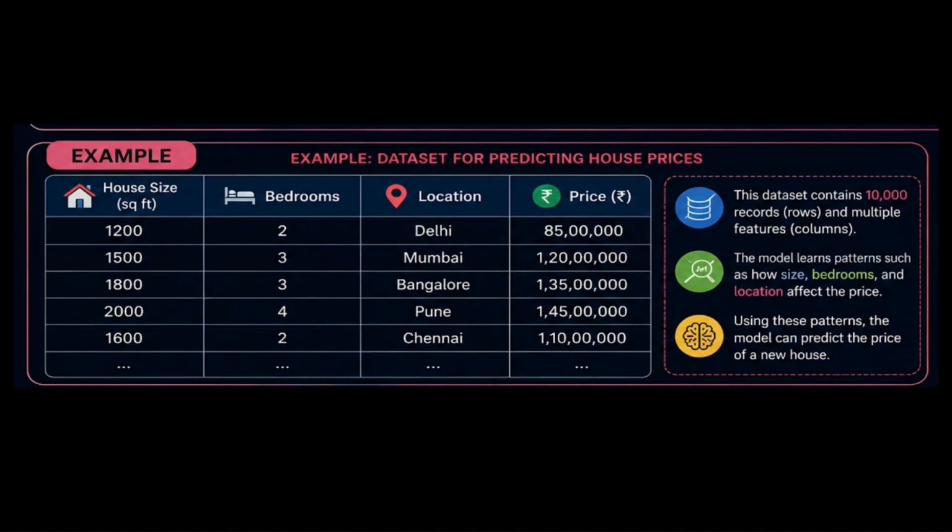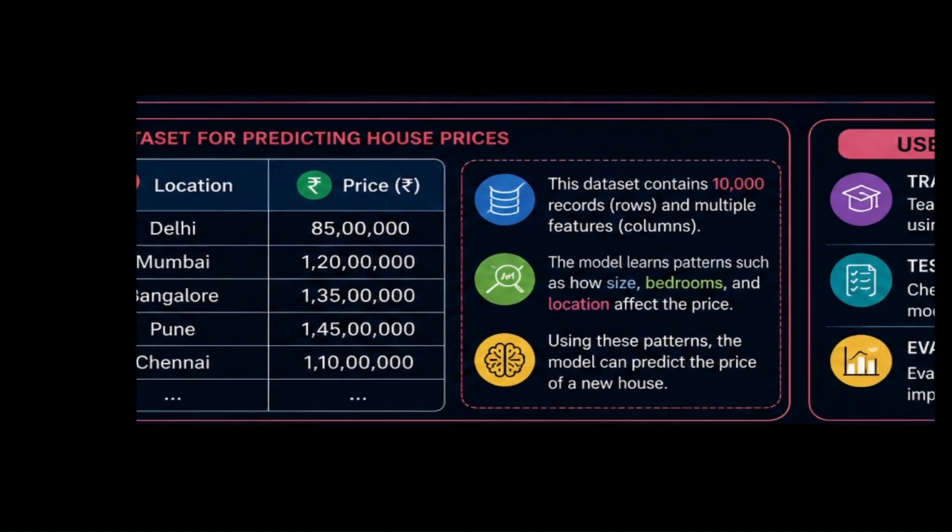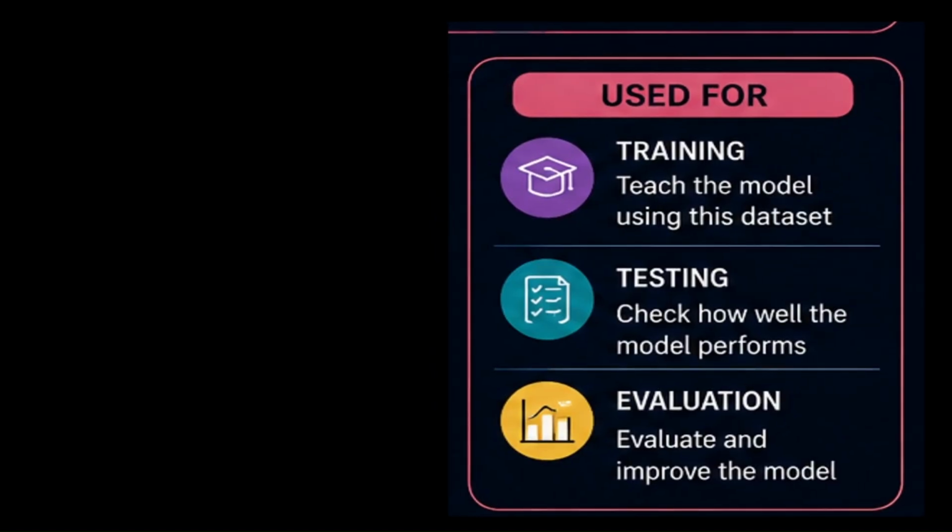And remember, good quality, relevant and representative data generally helps a machine learning model perform better. So this is normally when we use a data set for training, testing, and evaluation.